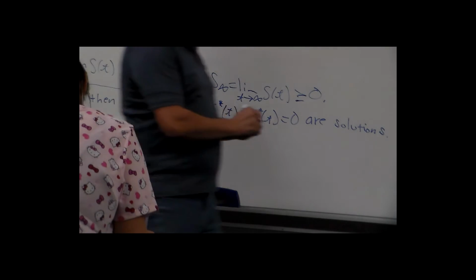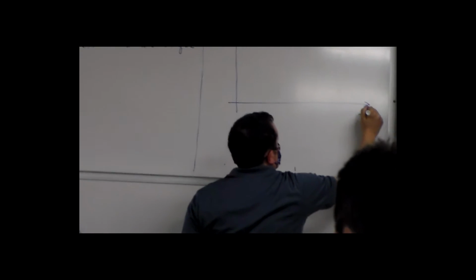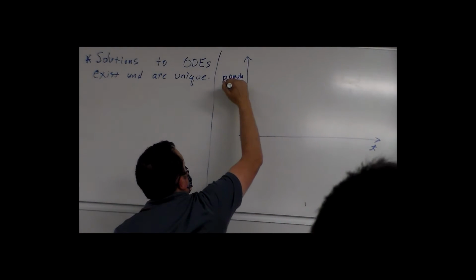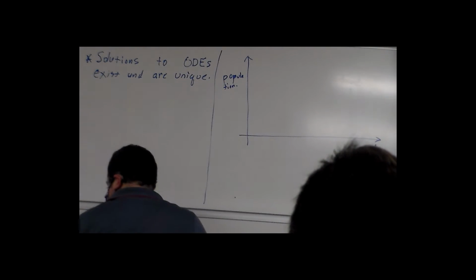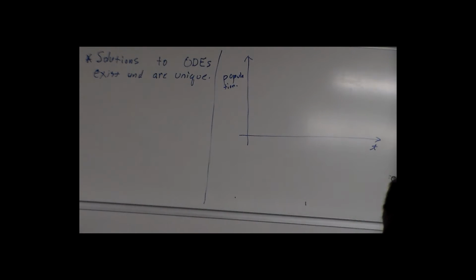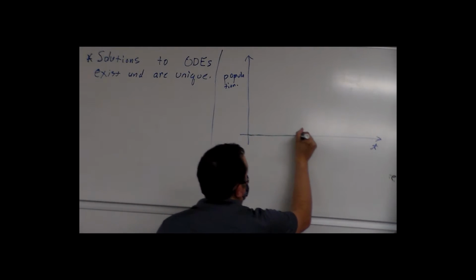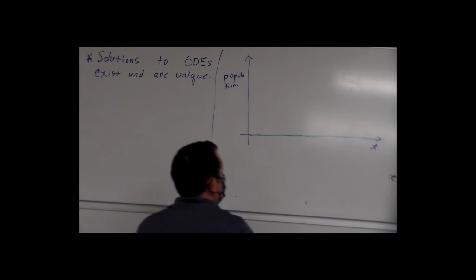So if I graph them, I'm going to put down the S and the I. So these are the solutions that just stay at 0 for all time.